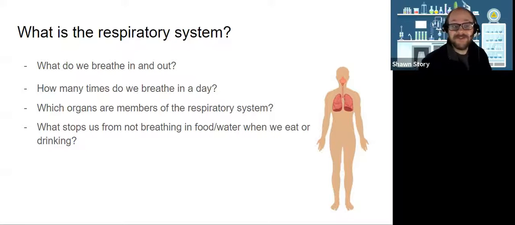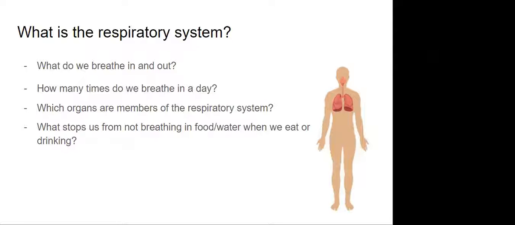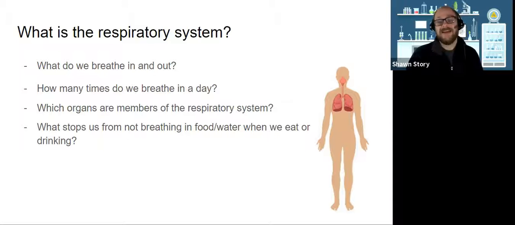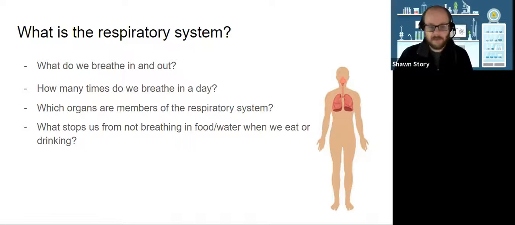Do we remember? Not the sphincter. It's the epiglottis. The epiglottis is that flap that switches between air and food and water, right? So it's going down the right pipe.